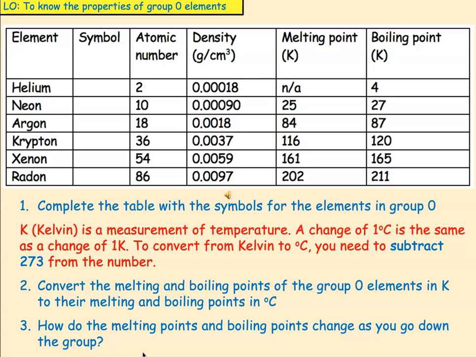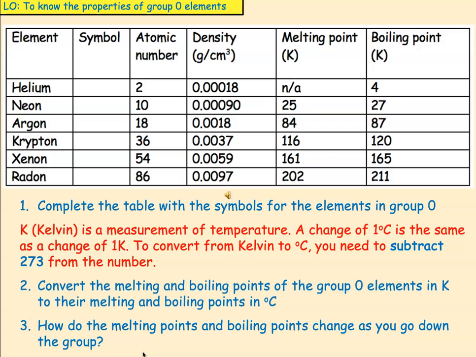In order to convert Kelvin to degrees C, you have to subtract 273. That is, you take 273 away from the number.